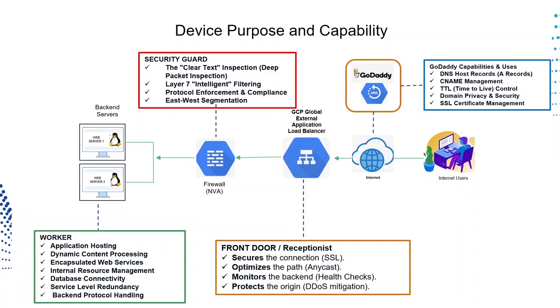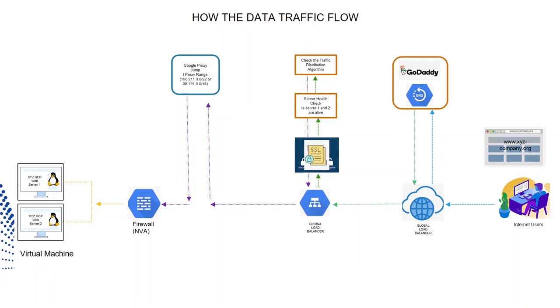It will also handle the SSL certificate management and domain security. This provides the encryption and identity verification that is necessary for modern web standards. By leveraging these tools, we ensure that our infrastructure isn't just reachable, but also professional, secure, and resilient against external identity threats. Let's discuss the detailed traffic flow.